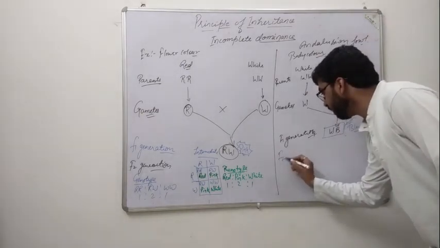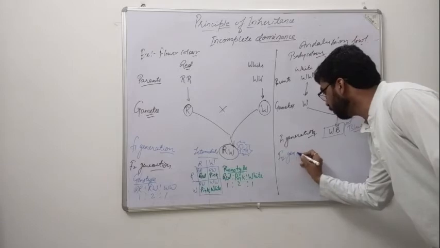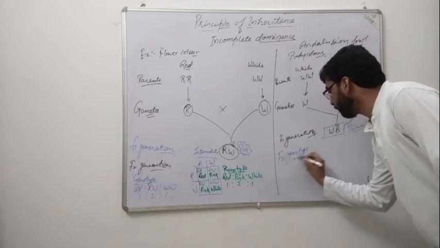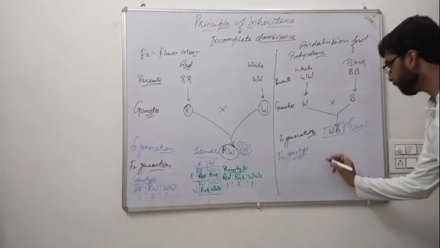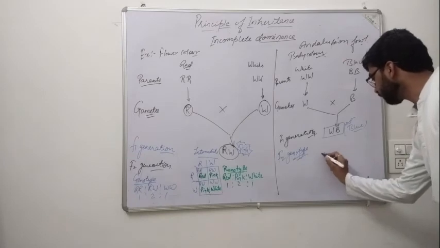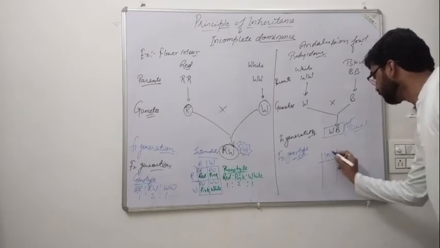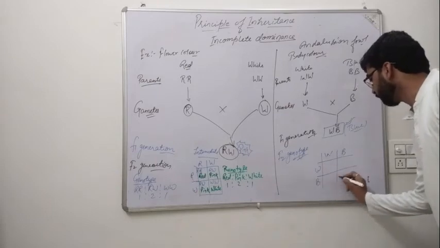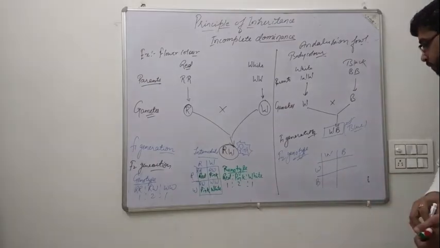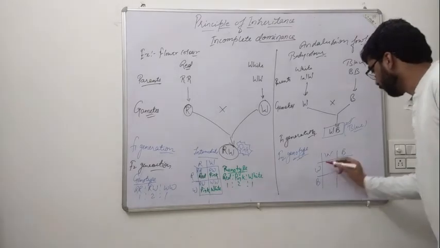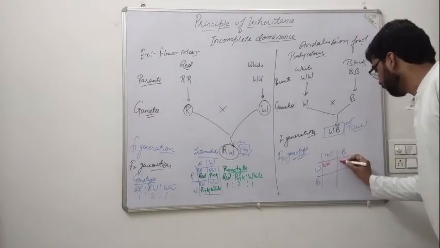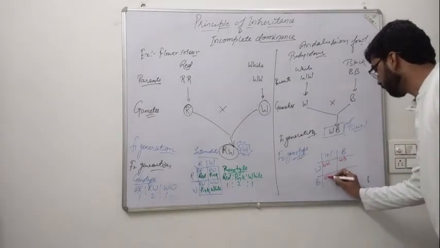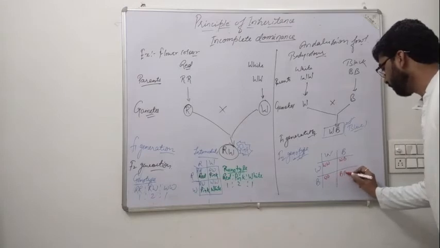Second, if we do the genotypic ratio here, it is WB, again WB: WW, WB, WB, BB.